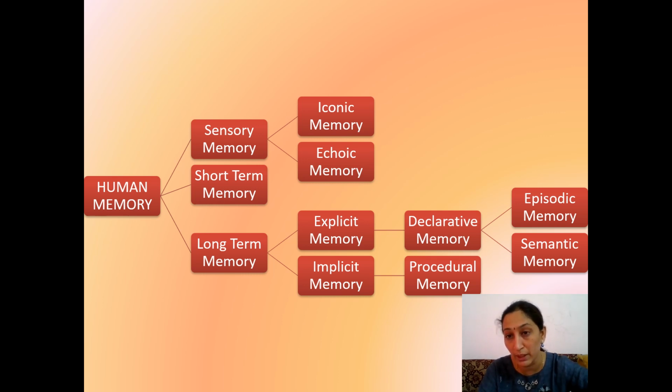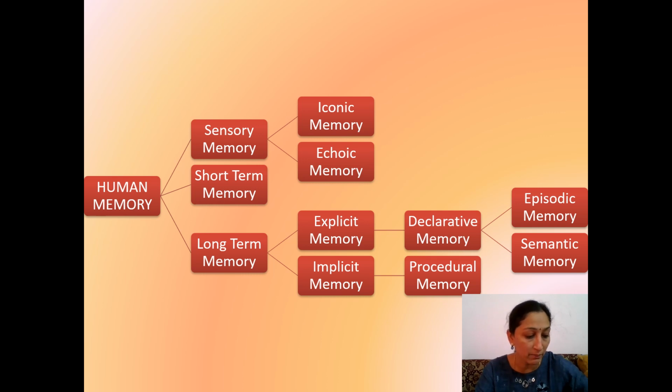In sensory memory or short-term memory, the retention time is very less. But once they are rehearsed, reinforced, and transferred into long-term memory with repeated efforts of reinforcement, the memory is everlasting, long-lasting. That is called long-term memory.